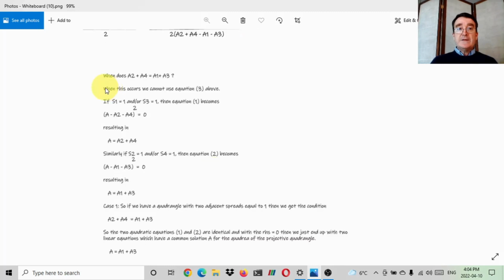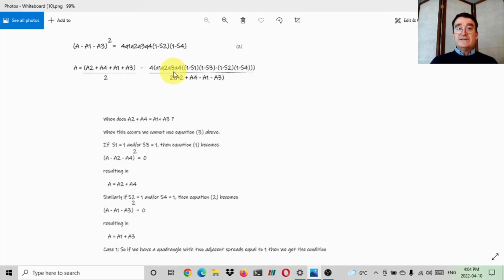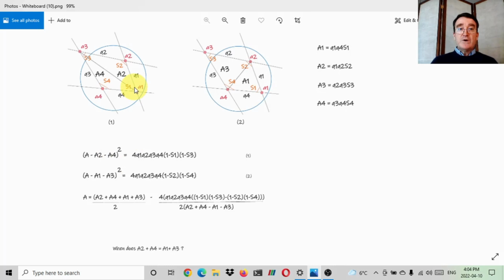In this setup, if S1, this spread here, is equal to 1, or this spread up here, S3, is equal to 1, then the right-hand side of this equation becomes 0, and we end up with A minus A2 minus A4, all squared, equals 0, resulting in A equals A2 plus A4.